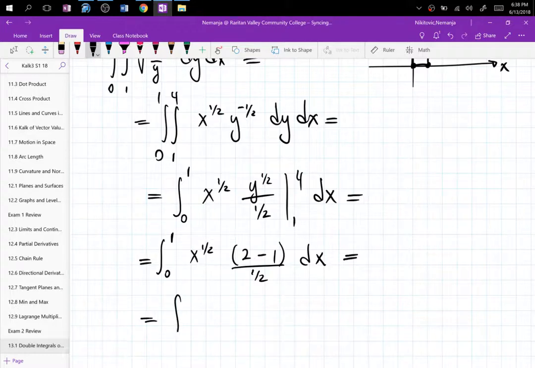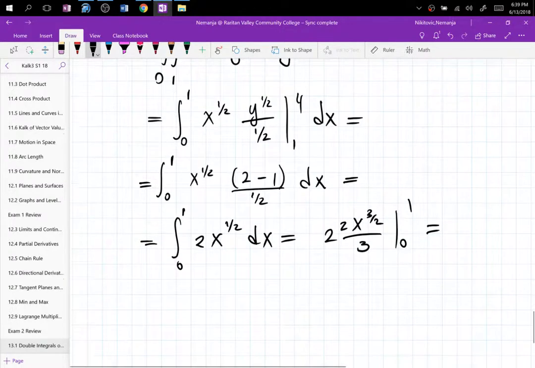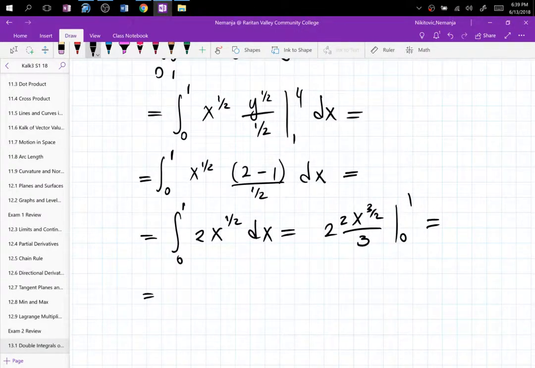Now I have to integrate from 0 to 1 of 2x to the 1/2 dx, which is calculus 1. So we have 2 times x to the 3/2 divided by 3/2 from 0 to 1. This becomes 4/3 x to the 3/2 computed from 0 to 1. Great, 4/3.